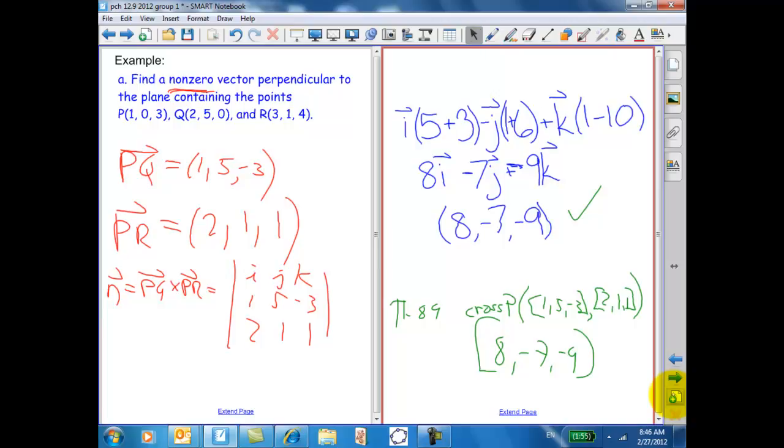All right. Do you mind, though, if I just show people this step again? i times the minor of i, which is 5, -3, 1, 1. Minus j times the minor of j, which was 1, -3, 2, 1. Plus k times the minor of k, which is 1, 5, 2, 1.